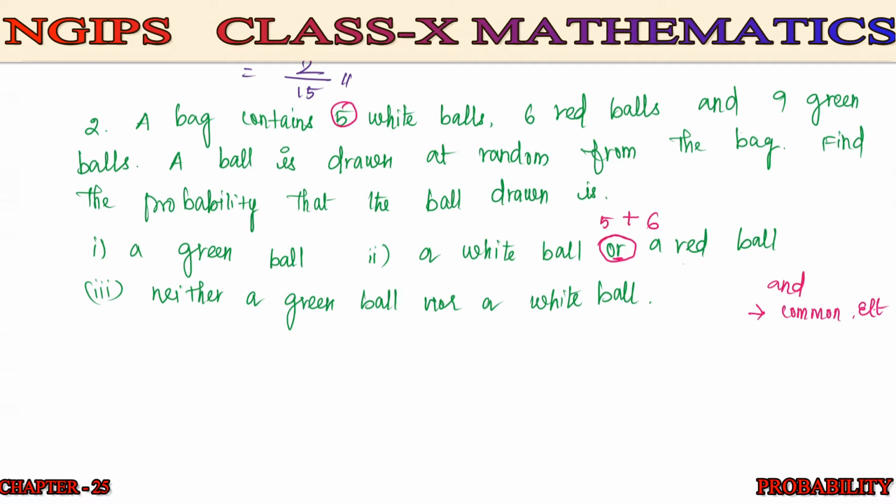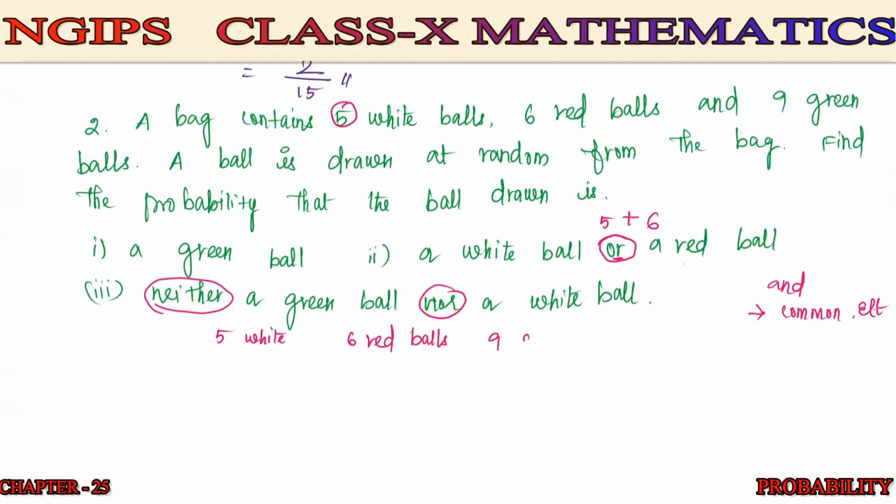Neither, here we have neither a green ball nor a white ball. So in total we have 5 white balls, 6 red balls, and 9 green balls.